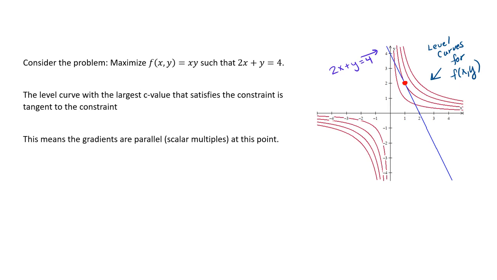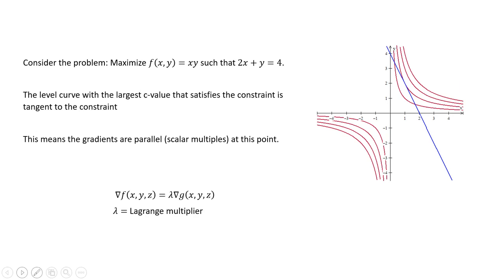So why is this important? This means that the gradients are parallel at that point. The gradient vector for my constraint and the gradient vector for my level curve have to be parallel, or scalar multiples, at that particular point.